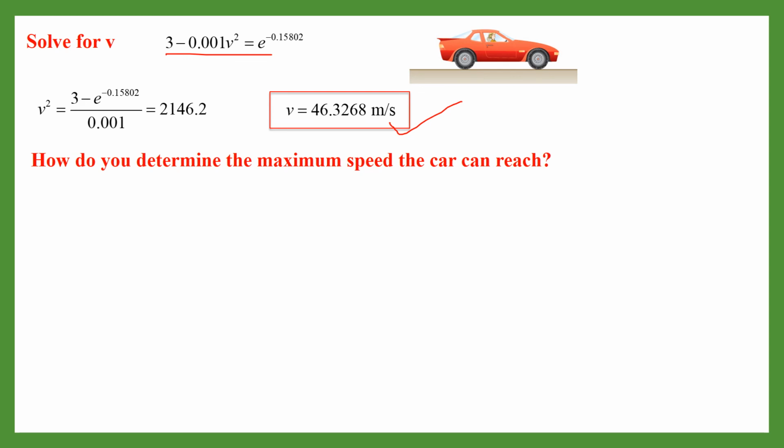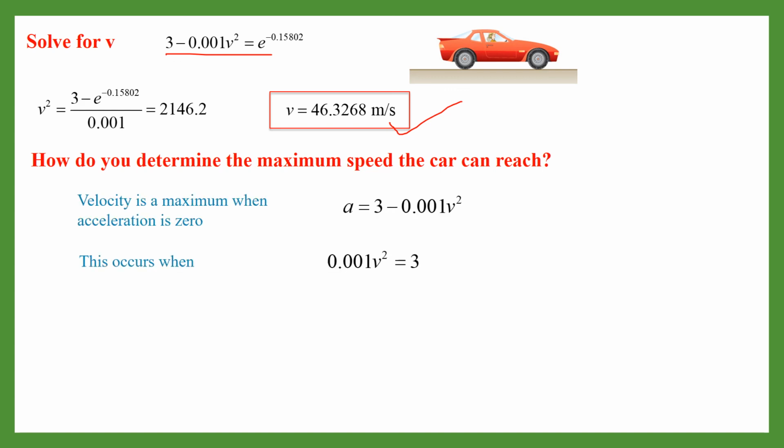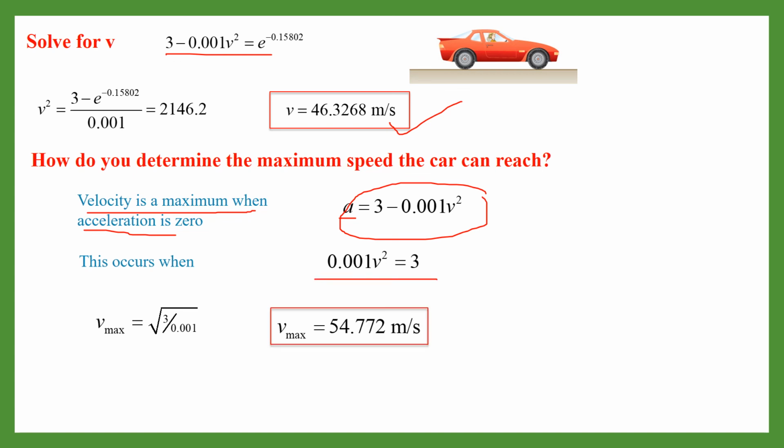Now the next step is to determine the maximum speed of the car. Okay, so how can we determine this? For maximum speed, velocity is maximum when acceleration is 0. So this we already know. So if we want to find out the maximum velocity, then we need to put the value of acceleration as 0 in the equation we already have, and then solve it.